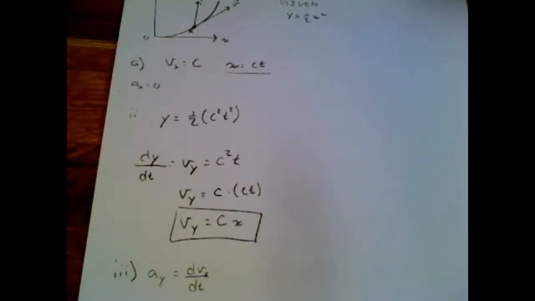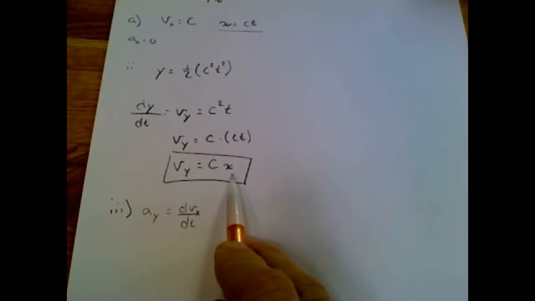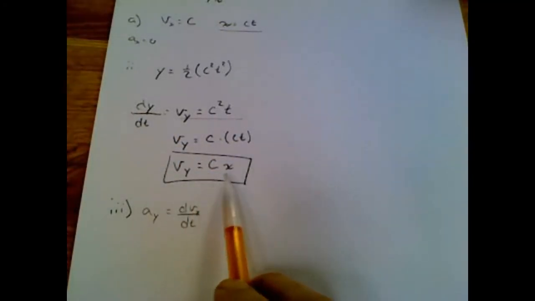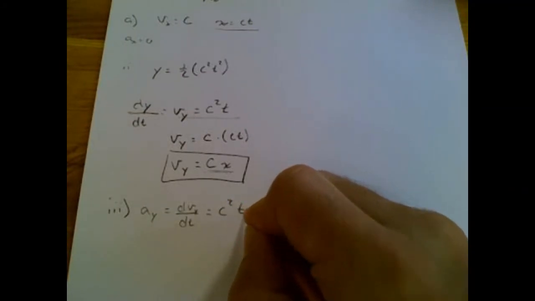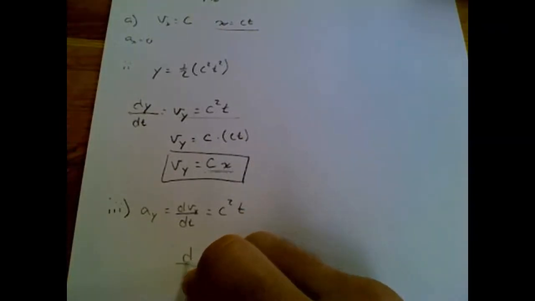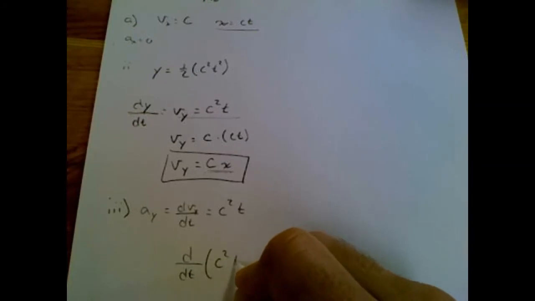I should put a little y subscript there. And now I don't want to use this. I want to use what I got in terms of t. Why? Because here I can't take a derivative with respect to x when I don't have a t component. So I'm going back to what I had, equals c squared t. So what we're really doing is we're going to say the derivative with respect to time of c squared t.